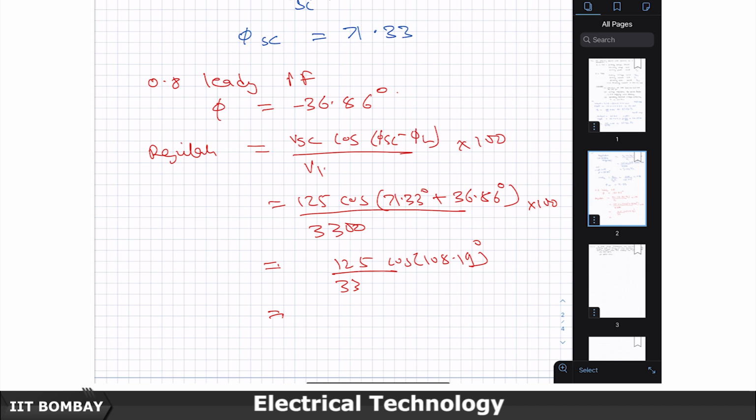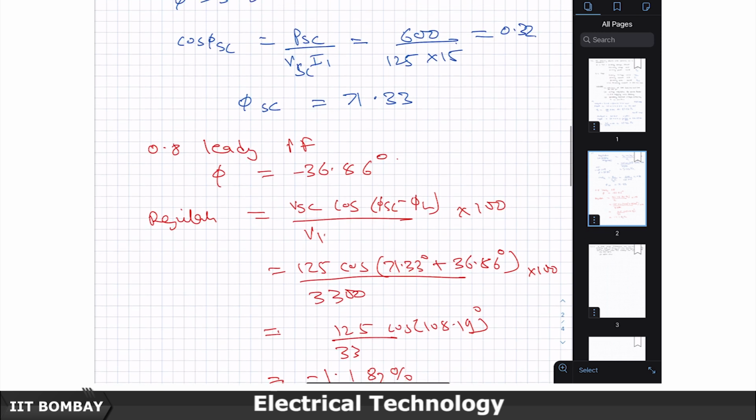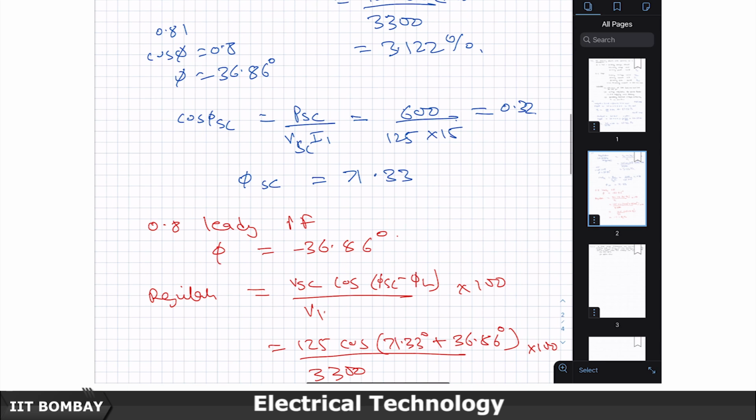Cosine is minus 0.312 into 125 divided by 3300 is going to be minus 1.182%.